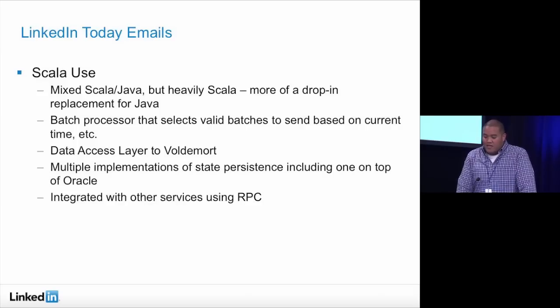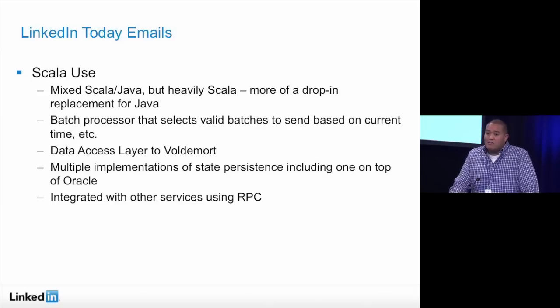The way that it works, it's a batch processor that will pick valid batches to send emails for. We used it to talk to Voldemort, like Don and Jay kind of explained using his REPL example. We used kind of the same thing. We talked to Voldemort through a data access layer written in Scala.